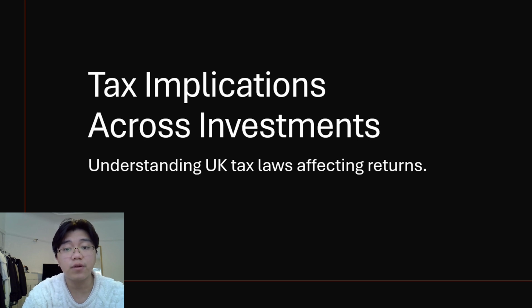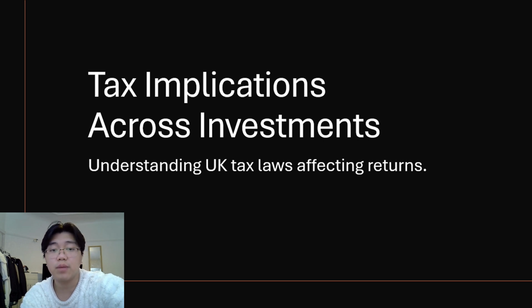However, gilts are free from capital gains tax. Corporate bonds bought directly from the issuer and issued in pounds are also not subject to capital gains tax so long as they are deemed qualifying corporate bonds by the HMRC. Other types of bonds are subject to capital gains tax unless held inside an ISA or other tax-free wrapper.